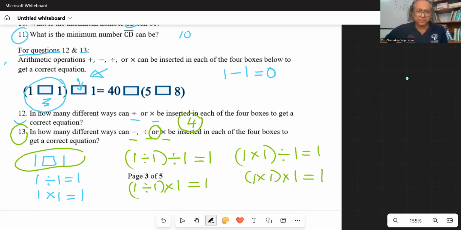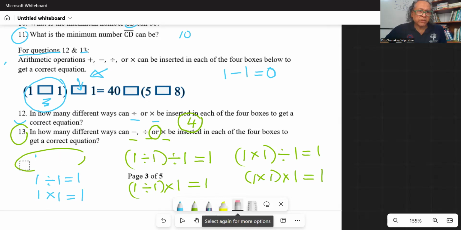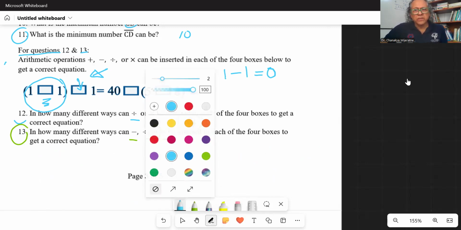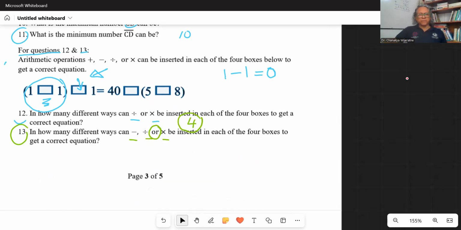So let's look at the different ways you can get 0 on the left-hand side. So let me get a different color. Okay, red. Important color, right?